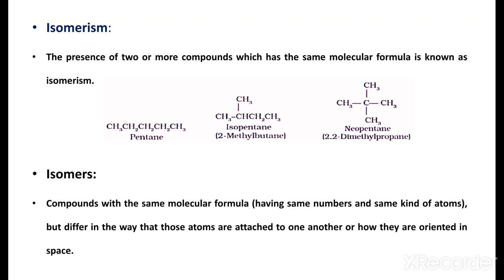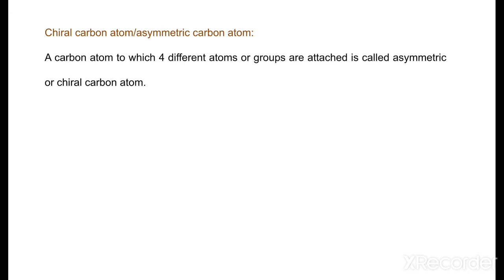Now for better understanding of isomerism we must know one concept which is mainly related to isomerism, and it is the asymmetric carbon atom, or we can say chiral carbon atom. A carbon atom to which 4 different atoms or groups are attached is called an asymmetric or chiral carbon atom.